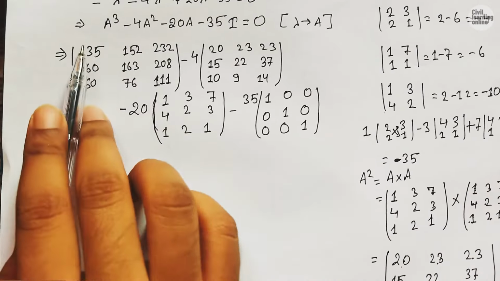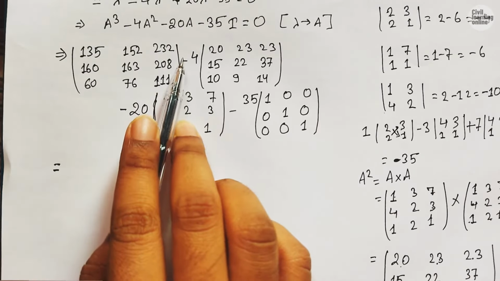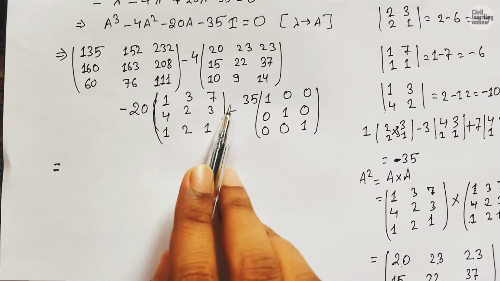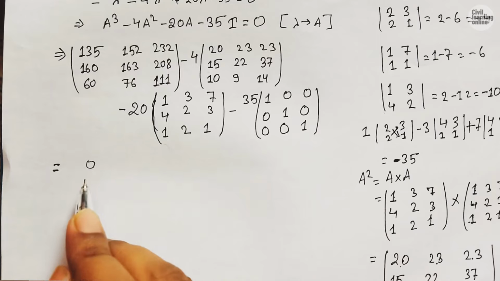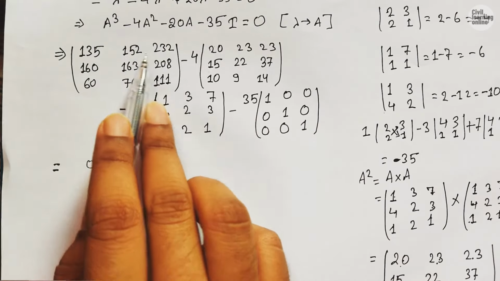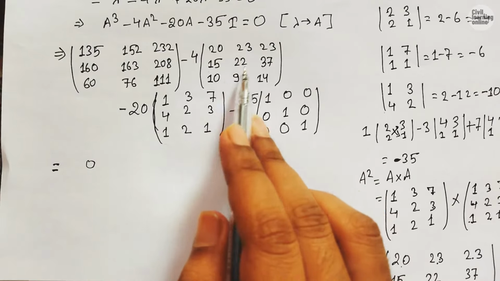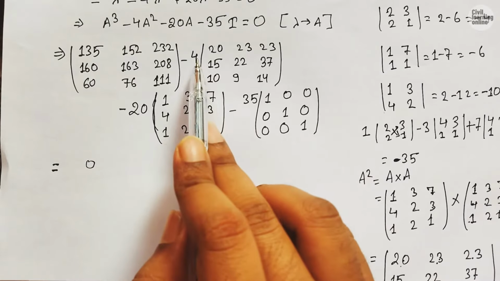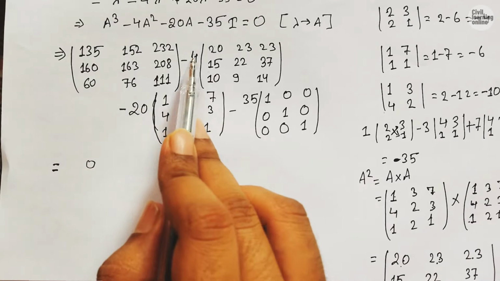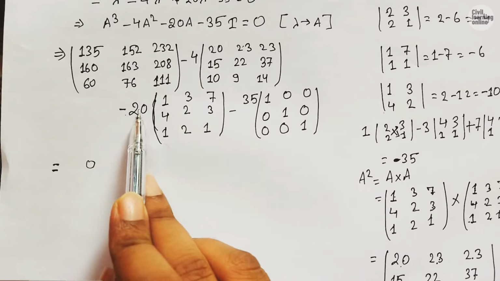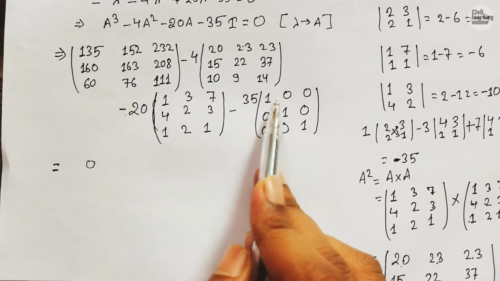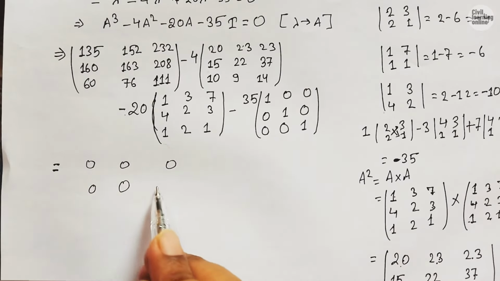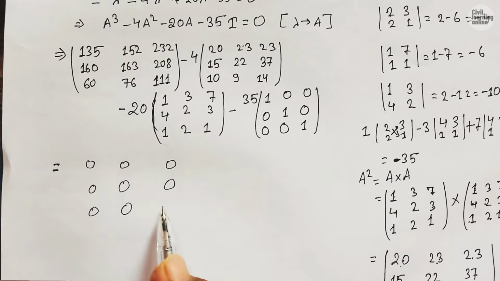What we need to do is, 135 minus 4 times 20 minus 20 times 1 minus 35 will be equal to 0. Similarly, 152 minus 4 times 23, where we multiply each and every element with the number lying outside the matrix, minus 20 times 3 minus 35 times 0, we again get 0.